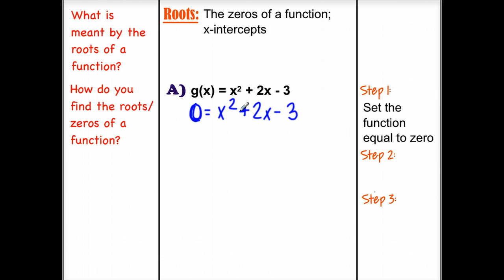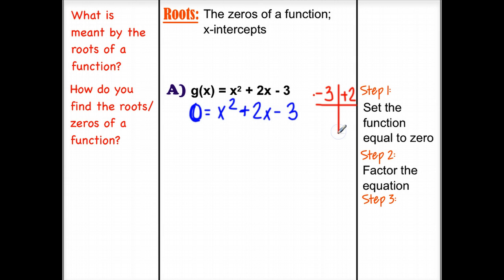So then our second step is going to be to factor that equation. When I look at x squared plus 2x minus 3, it's a trinomial, and we have that our coefficient a value is 1. So we're going to do a t-table. We need two numbers that multiply to -3 and add to 2.